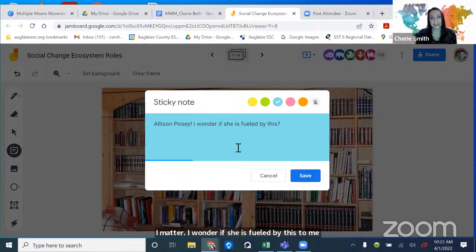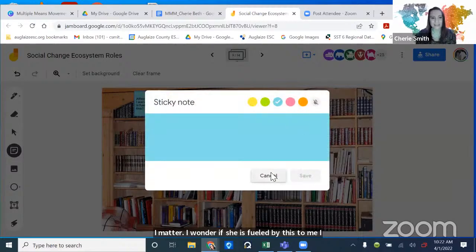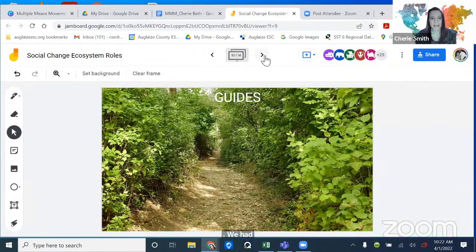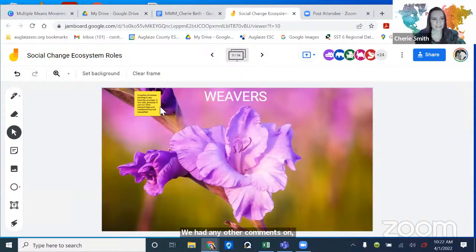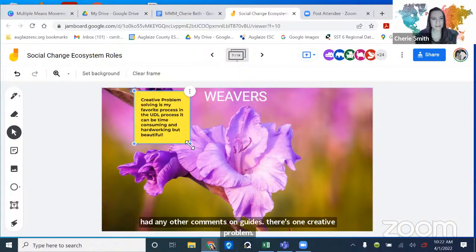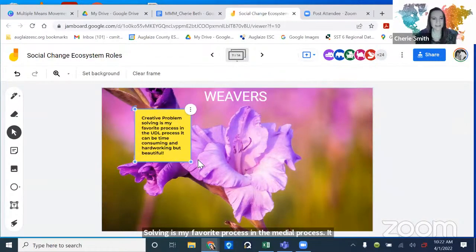To me, I think she's a great advocate because of the stories she tells. Let's see if we had any other comments on guides. There's one: creative problem solving is my favorite process in the UDL process. It can be time consuming and hard work, but beautiful. Oh, I love it. It's great.